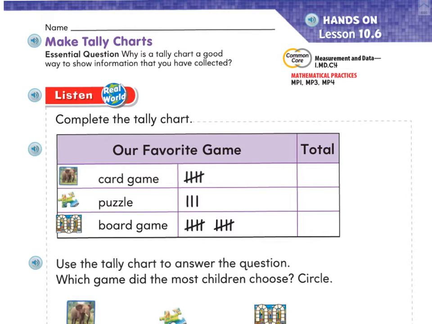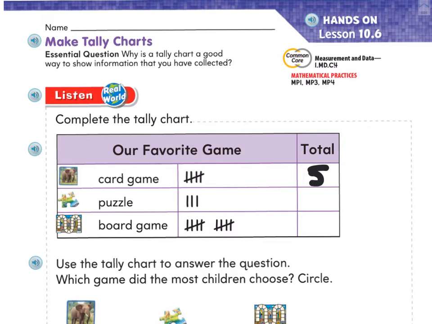I'm on page 605 in your Go Math workbook, just kind of reviewing tally charts, okay? This tally chart says our favorite game. We have card game, puzzle, or board game. Now remember, when we're counting these tallies, we know that this means 5. Okay, so I'm going to go ahead and write 5 in the total.